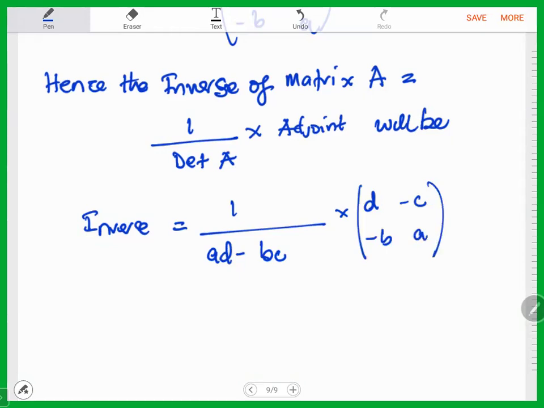That inverse has to be multiplied on both sides to ensure that we obtain the values of X and Y. So let's look at an example.